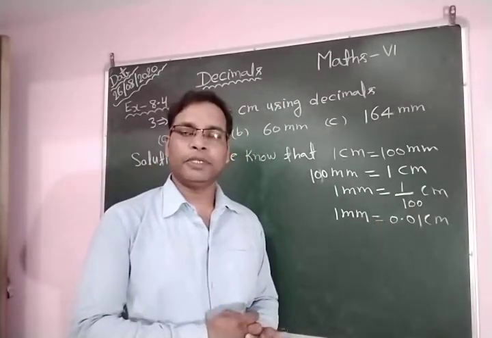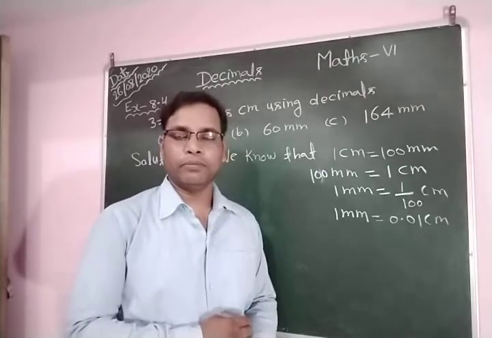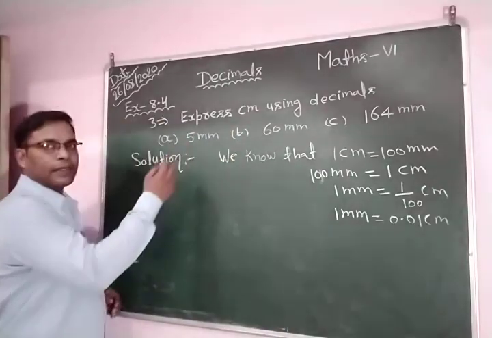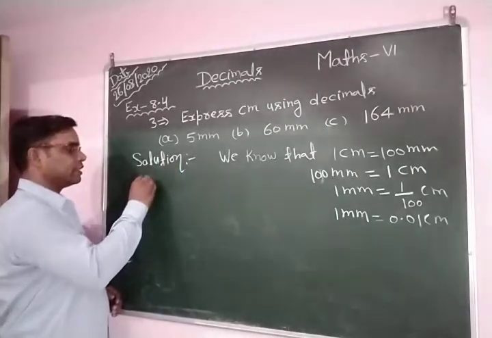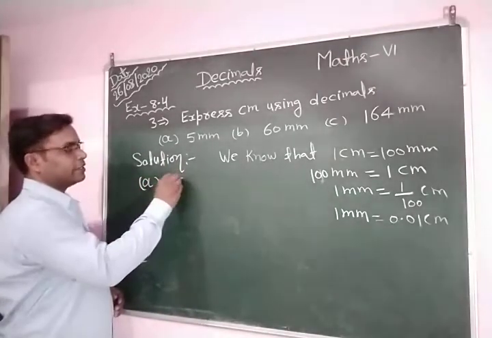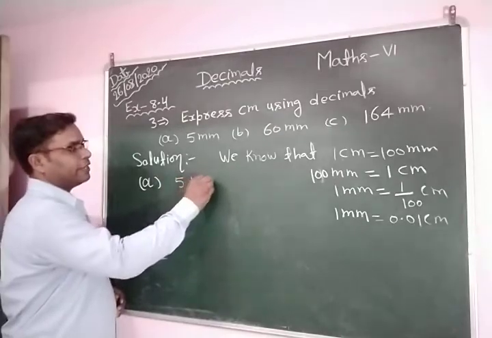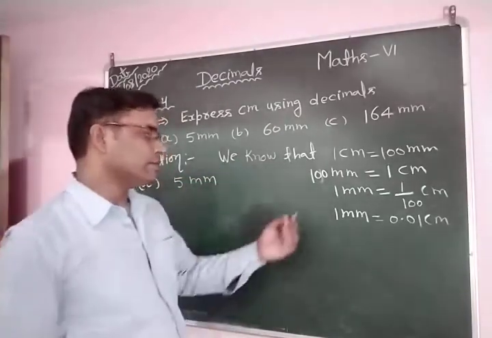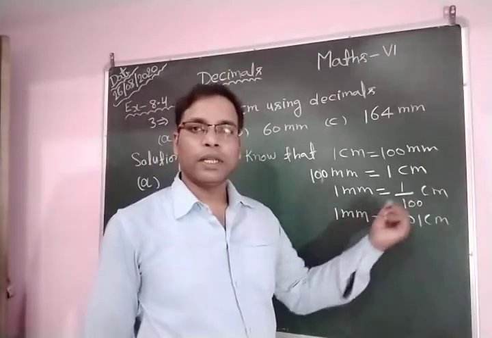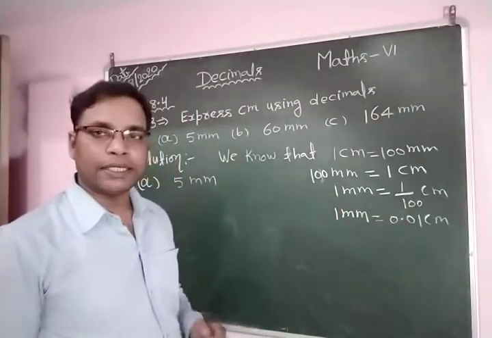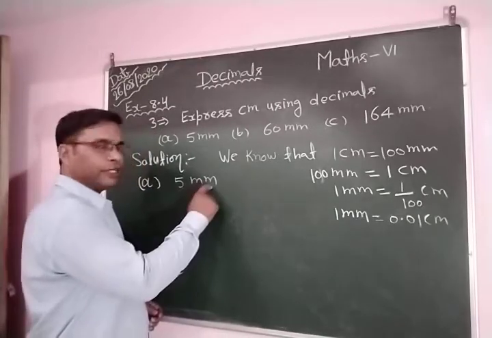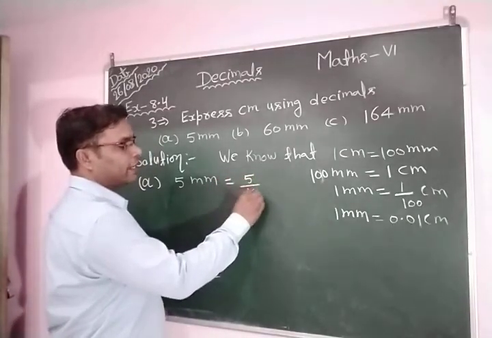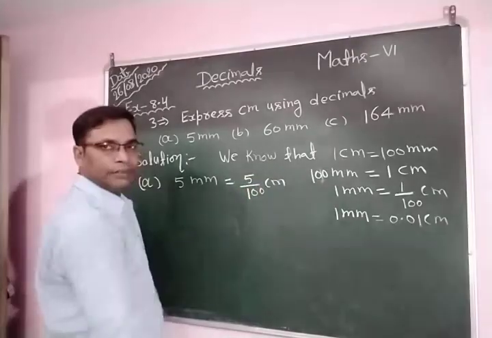But we have in part A 5 millimeter, and you know 1 millimeter is equal to 1 by 100 centimeter. So 5 millimeter is equal to 5 by 100 centimeter.